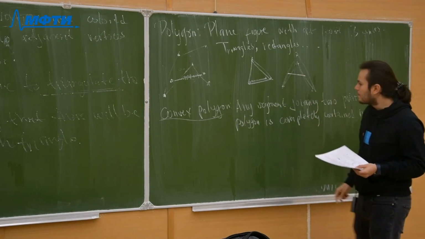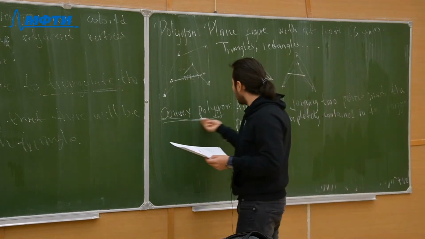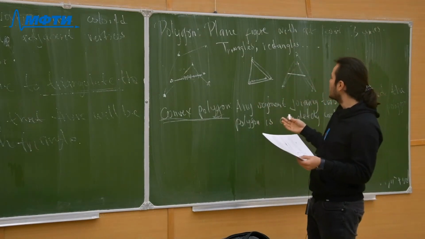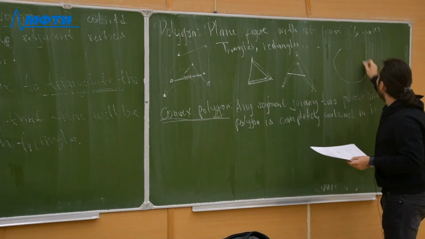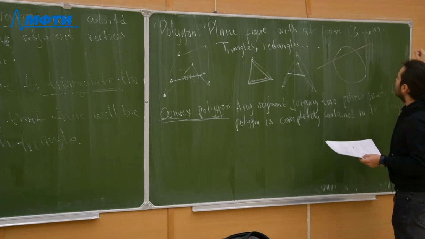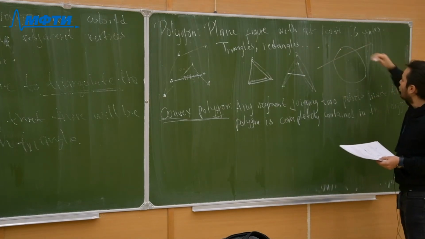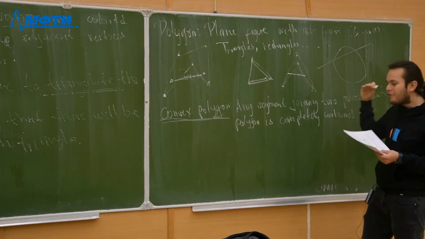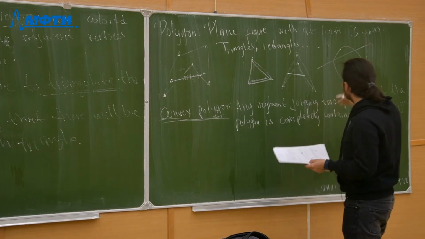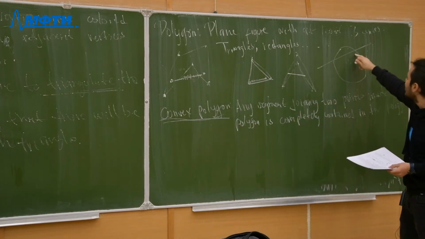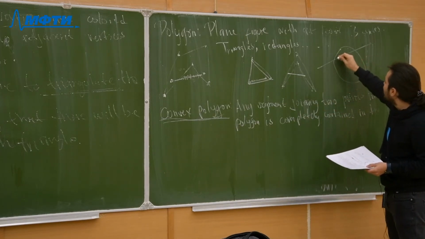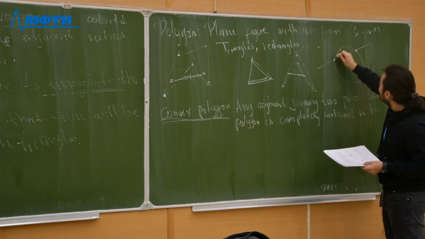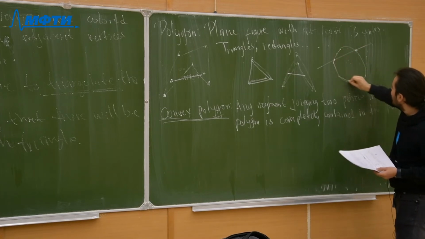So we can also say that a convex polygon is a polygon such that if we draw a line crossing this polygon, then it must intersect the sides of the polygon only twice, okay? So this is like something like this, right?